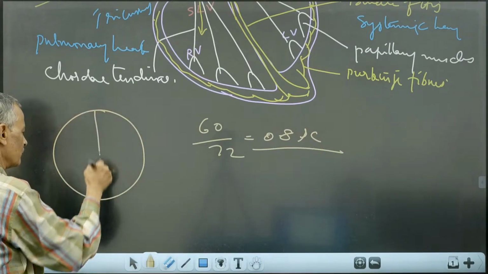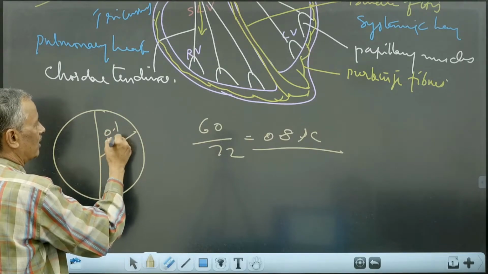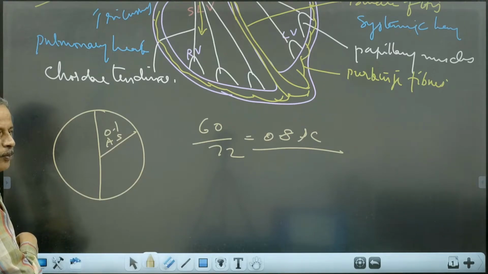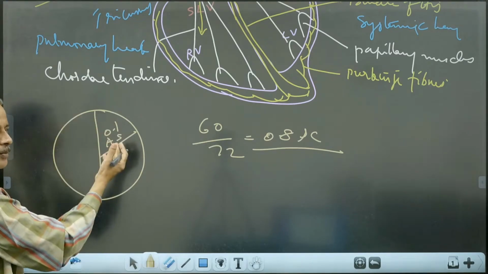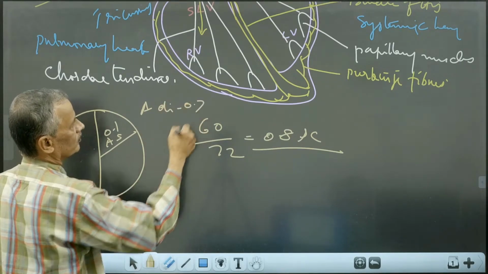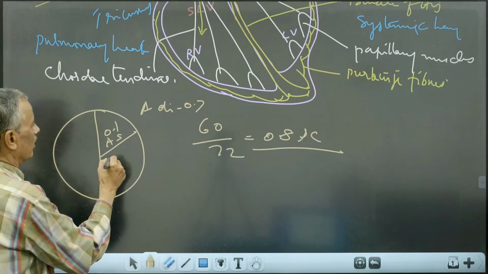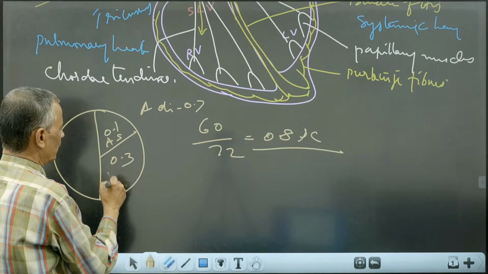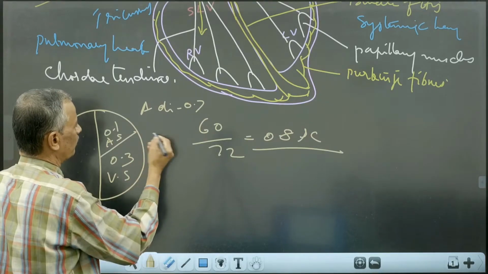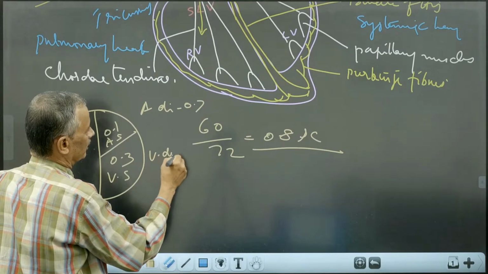Of these, only 0.1 second is for atrial systole. Atrium will take only 0.1 second. For the remaining 0.7 second, atrium is in diastole. Then for 0.3 seconds, ventricle is in systole. That means for the remaining 0.5 seconds, ventricle is in diastole.